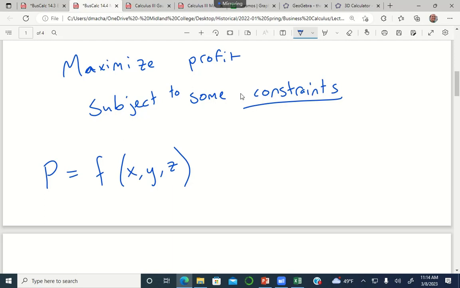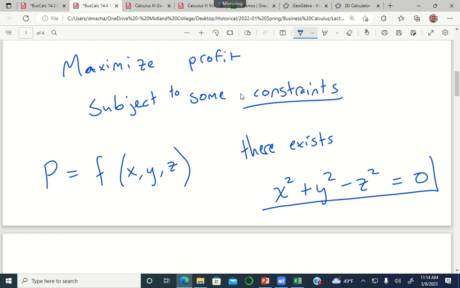But what if there exists some relation between x, y, and z? Like, what if I have to have that x squared plus y squared minus z squared is equal to 0, right? What if there is some relation between the independent variables that I cannot violate?